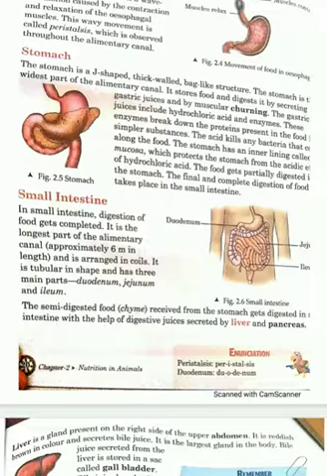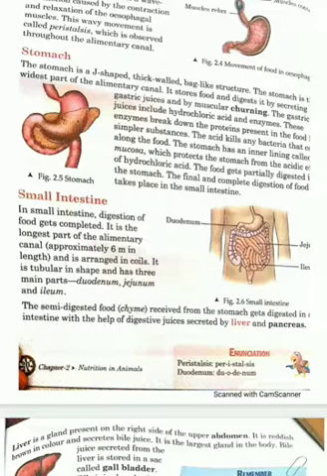It kills the germs, isn't it? It kills the germs as well as helps in the process of digestion. But the main function of our HCl is that it provides an acidic medium for the working of pepsin. Pepsin always works in the presence of dilute HCl.